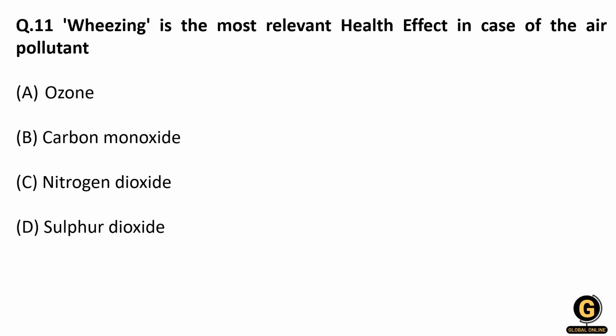Wheezing is the most relevant health effect in case of which of the following pollutants? We have seen that ozone leads to asthma attacks, right? Carbon monoxide exposure leads to instant death, because it chokes off your oxygen, right?